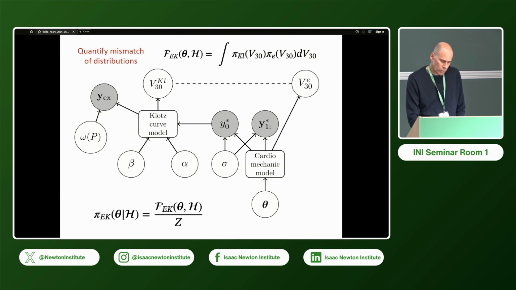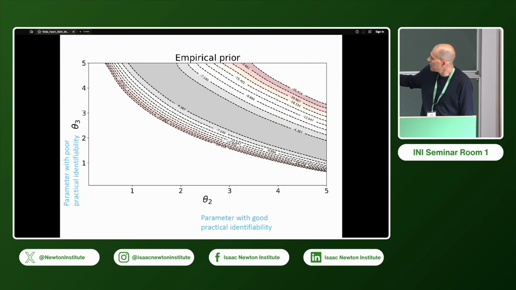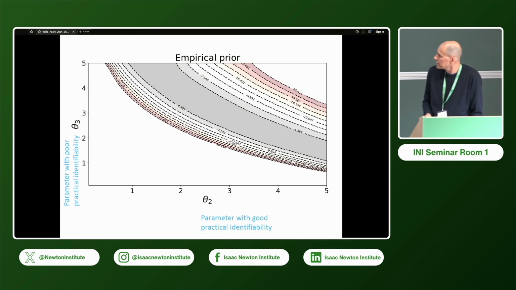All right, so what does the prior distribution look like? For two parameters, where the horizontal axis is the parameter that is well informed by the circumferential strains, and the vertical axis is the parameter that is weakly identifiable based on the circumferential strains.